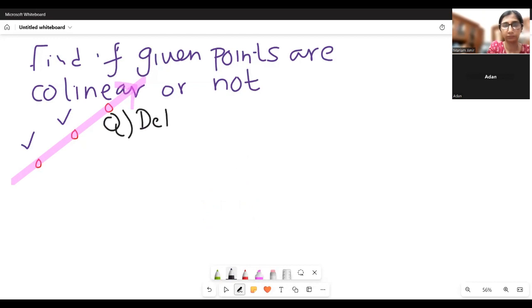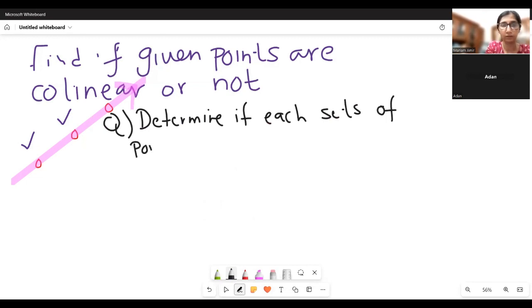Determine if each set of points are collinear or not.